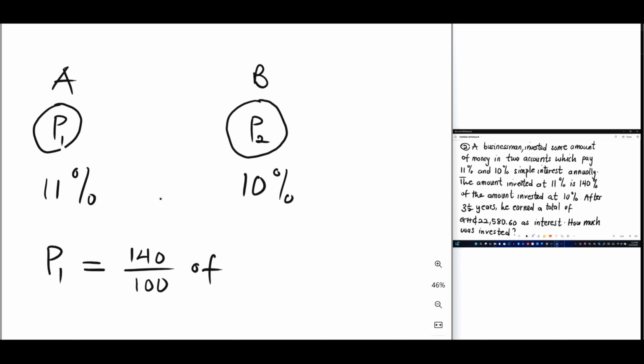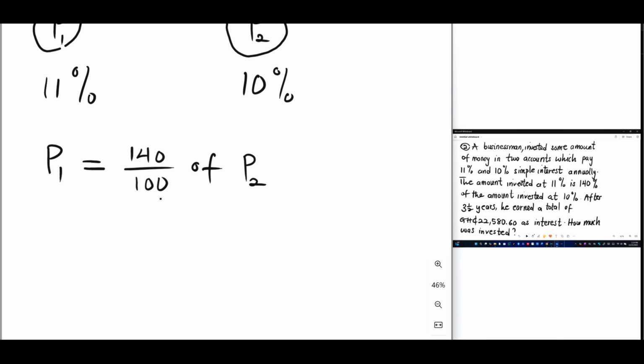What is the amount invested at 10%? The amount invested at 10% is P2, right? So this is the equation that we get from the statement.